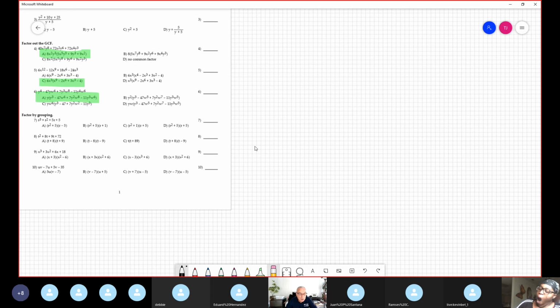Number 7 now says r cubed plus r squared plus 5r plus 3.